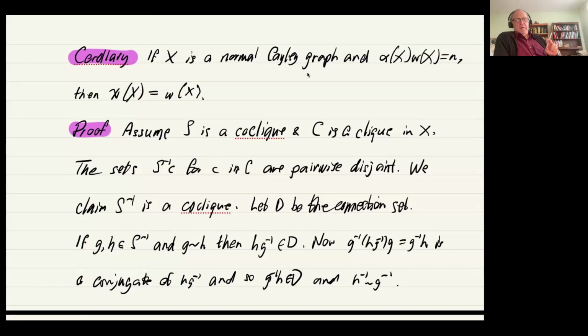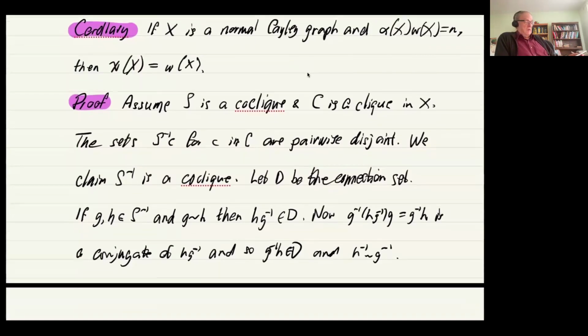I don't come prepared with an example, and if you ask for one, I'll put the question on the assignment. So the point is that S is a co-clique, but it does not follow in general that S inverse is a co-clique. But in this case, since the Cayley graph is normal, it will follow. So we're using normality to get that the sets S inverse are co-cliques, and then that will give us this result.